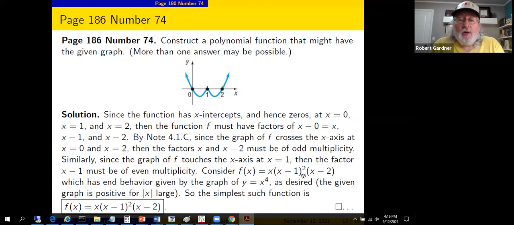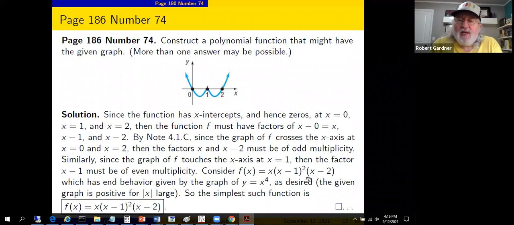And x minus 1, associated with root 1, where the graph touched the x-axis, has an even exponent. So here's a candidate. I'm a little worried whether we ought to have a positive or a negative coefficient. So consider this function.